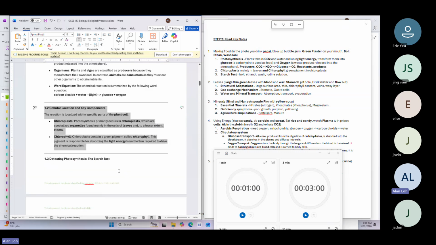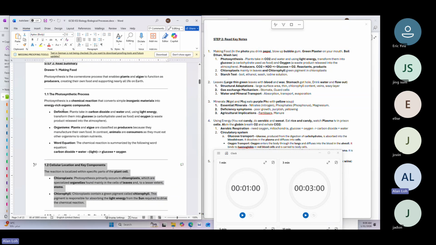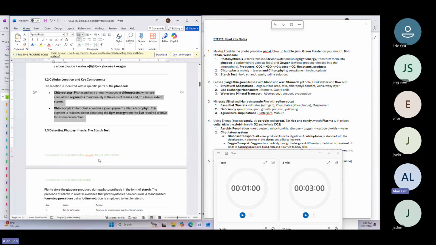By reading this first drawer, which is photosynthesis mainly, you have three main parts here. Photosynthesis, explaining the photosynthesis process, the cellular location and key components, which is mainly the chloroplast and chlorophyll, and also the starch test.